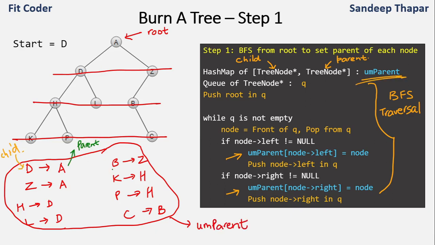So in the first step, we have done the BFS traversal from root and we have found all the child to parent mappings and stored them in a map.